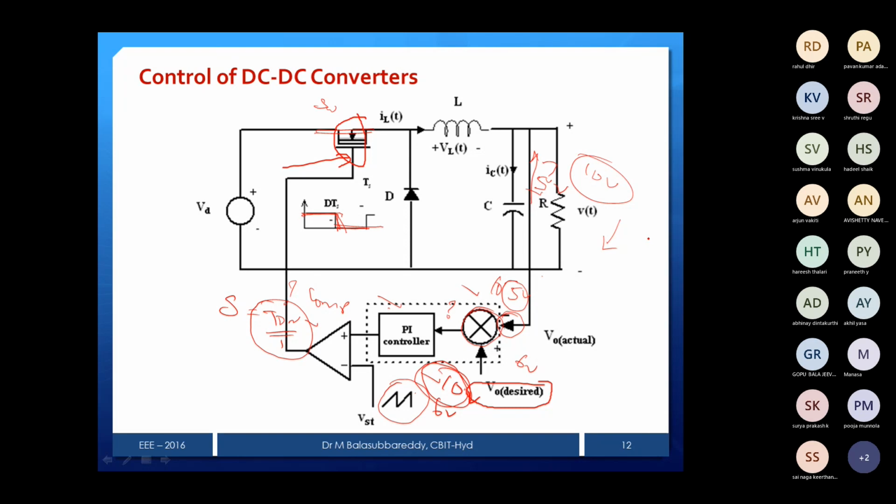Like that, everything happens inside this control circuit, and finally you get a constant desired voltage. Whatever requirement voltage you provide, within a fraction of a second it will reach the desired voltage.